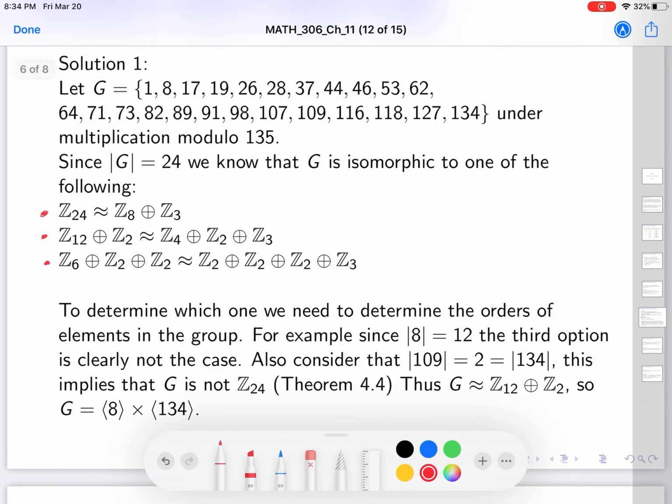So, for example, the order of the element 8 is 12. So this third option down here is clearly not the case. So at this point, we could cross that guy out and say that is not it. And that's because there's nothing in that that could have order 12.